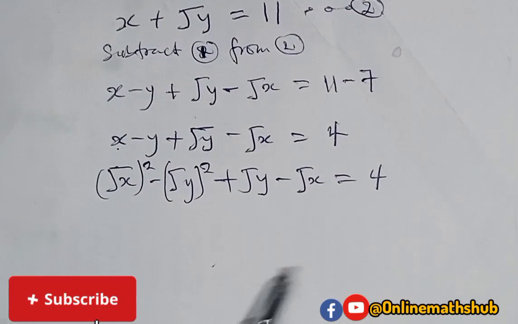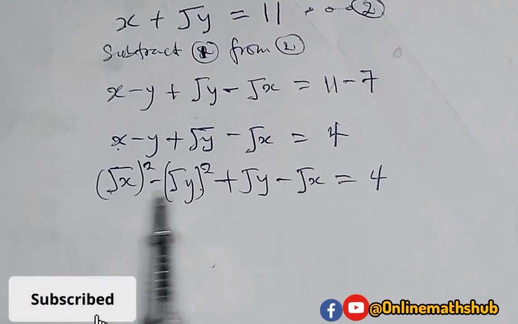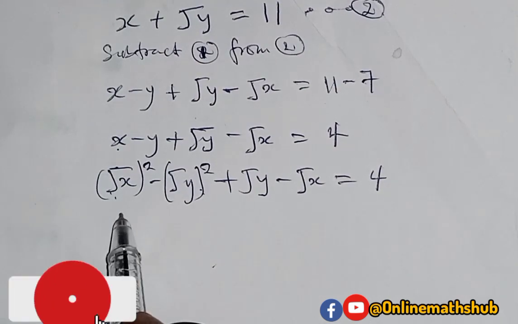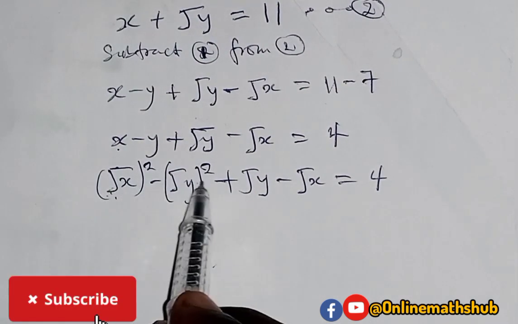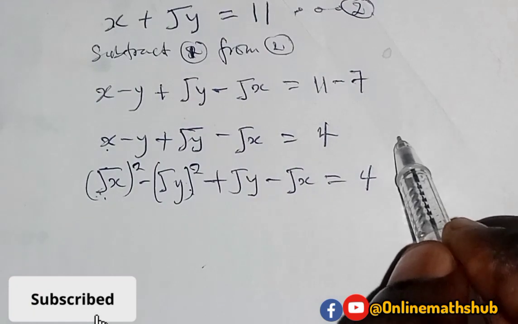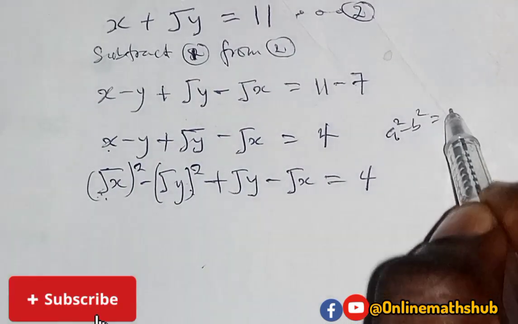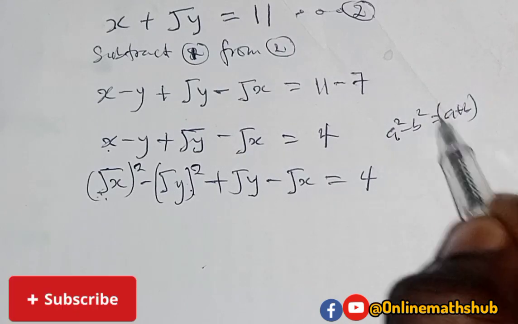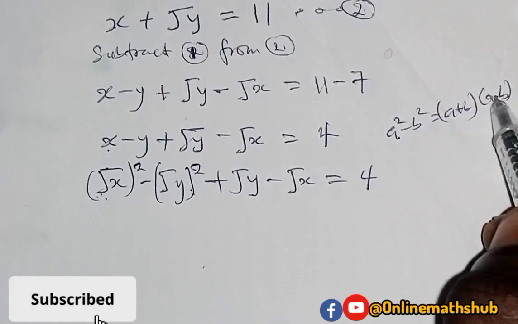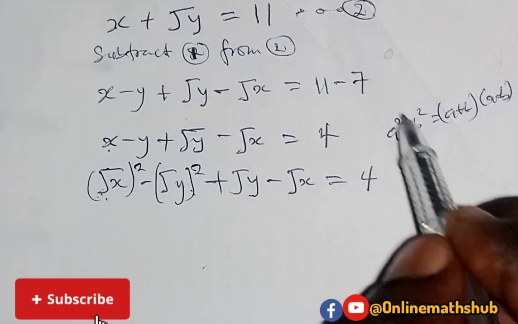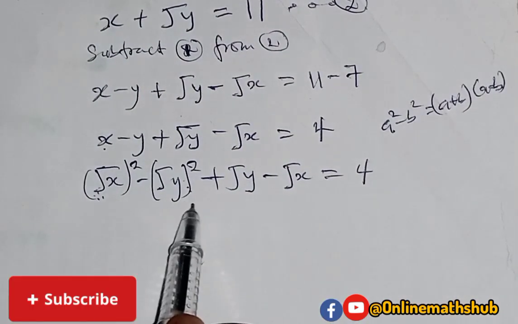Moving on, you can expand this one. You remember that a squared minus b squared can be written as a plus b times a minus b. So I'm going to expand this one right away.